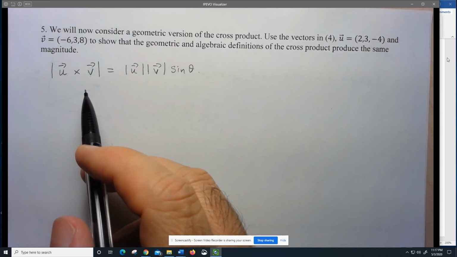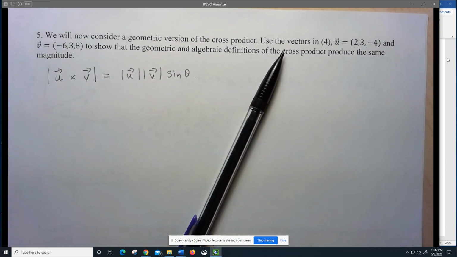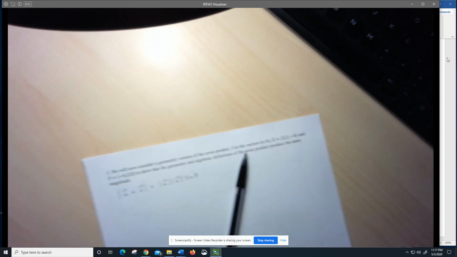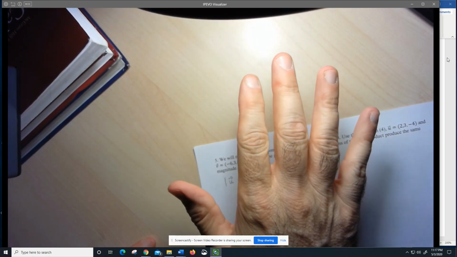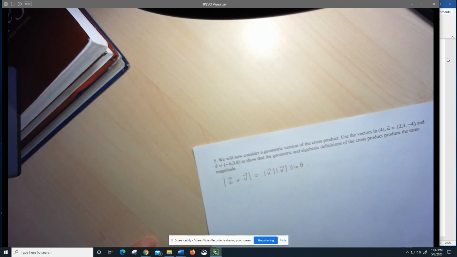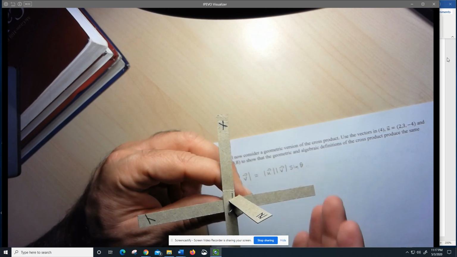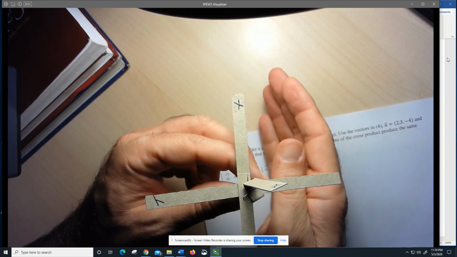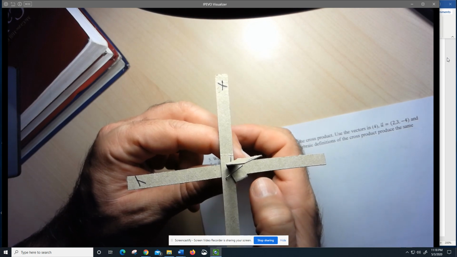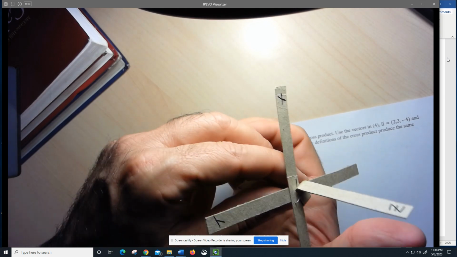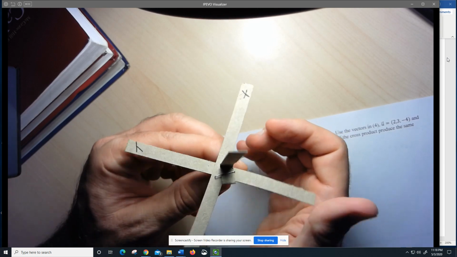given this geometric definition? And this is where we use what we've seen before, this idea of the right-hand rule, okay? So remember the right-hand rule, the way it worked for the axes, okay? The right-hand rule worked that you point your fingers in the direction of X, you curl towards the direction of positive Y, and your thumb was the direction of Z, okay?